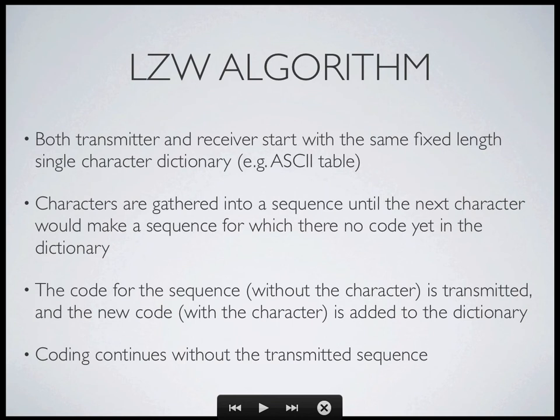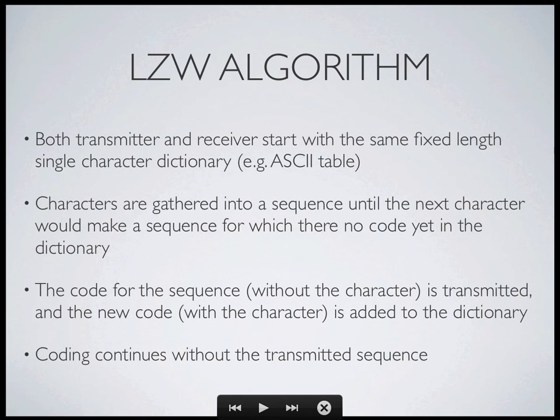Then characters are gathered into a sequence until the next character would make a sequence for which there's no code yet. So basically, when you come across a sequence of characters you haven't seen before, you transmit the code for the sequence without the new character, and then you transmit the new character, and that goes into the next slot on the table.